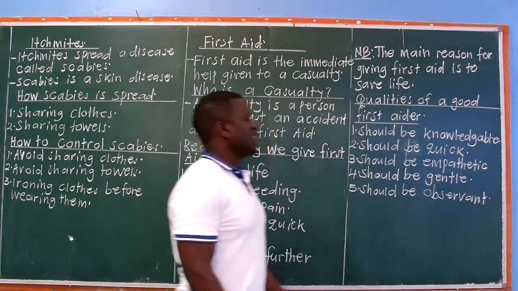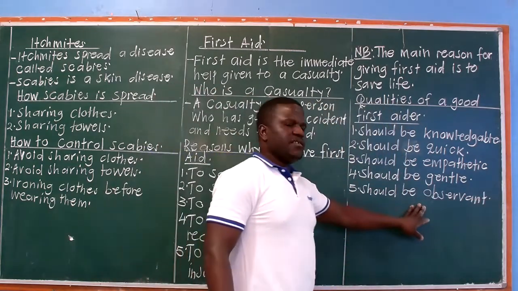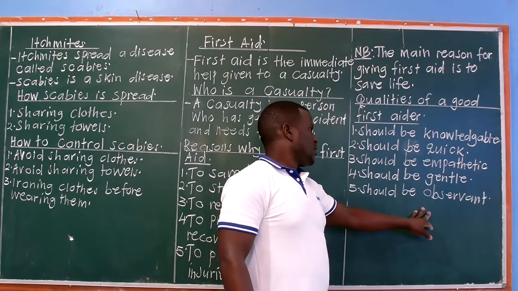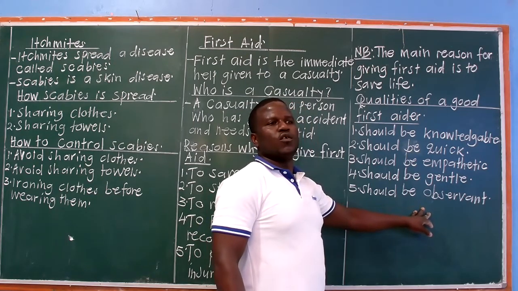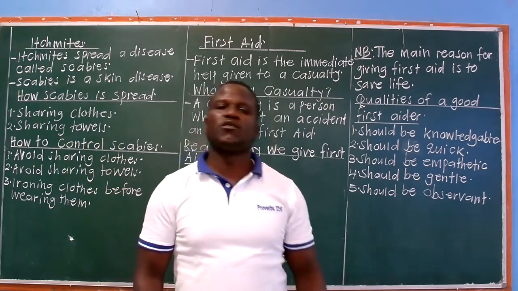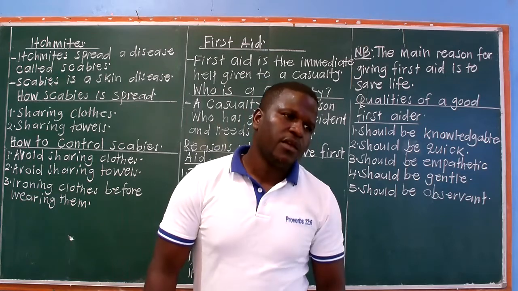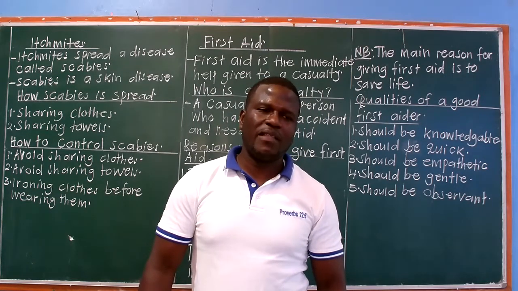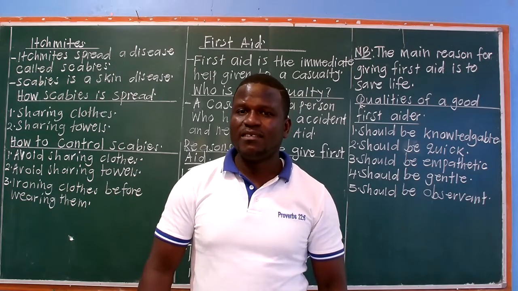When we say a good first aider should be observant, it simply means that this person should be able to observe critically somebody who has got an accident. For example, you should be able to see where the accident has occurred. Is it a cut?